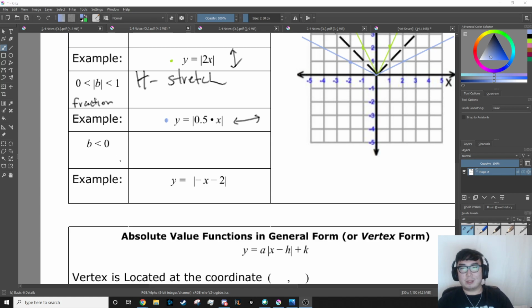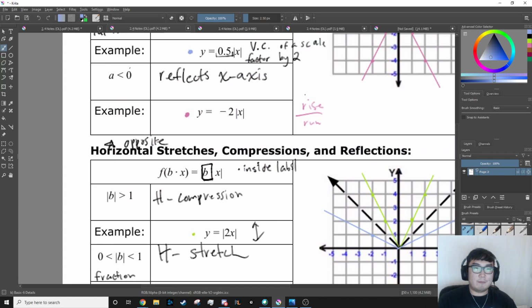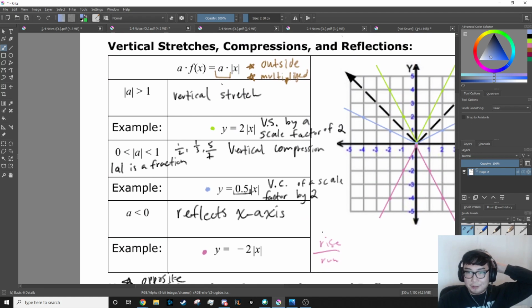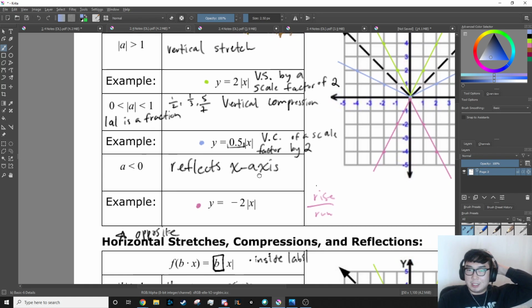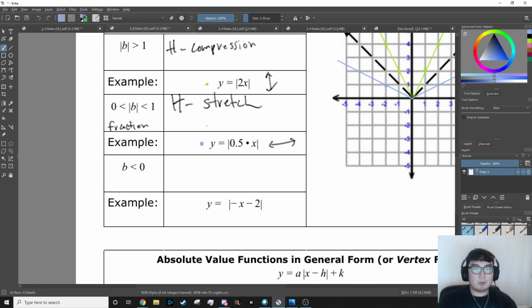You're welcome. And the last one is b is less than 0. If I noticed from my earlier example, if my a, which is my outside number, my outside scale factor, became negative, it reflected over the x-axis. So what is the opposite of reflecting over the x-axis? Or I guess what's the opposite of the x-axis? It is the y-axis.